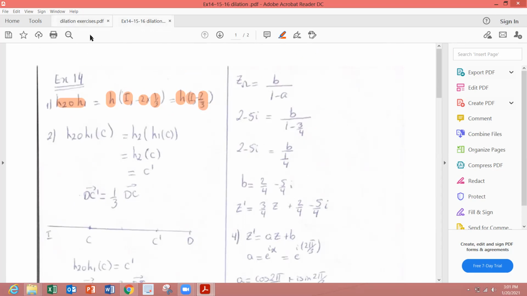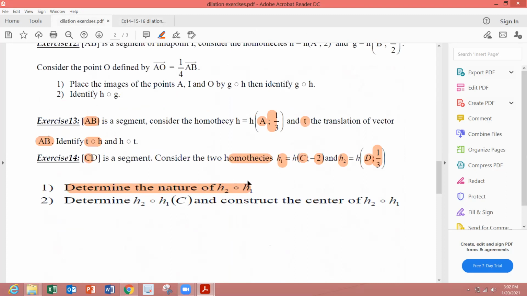Only it is required here to determine the nature, not the elements.